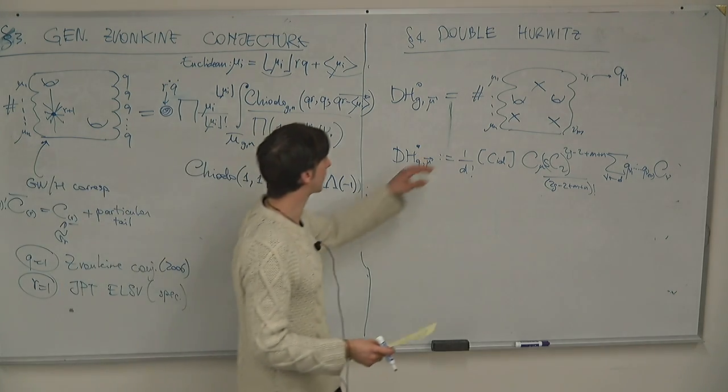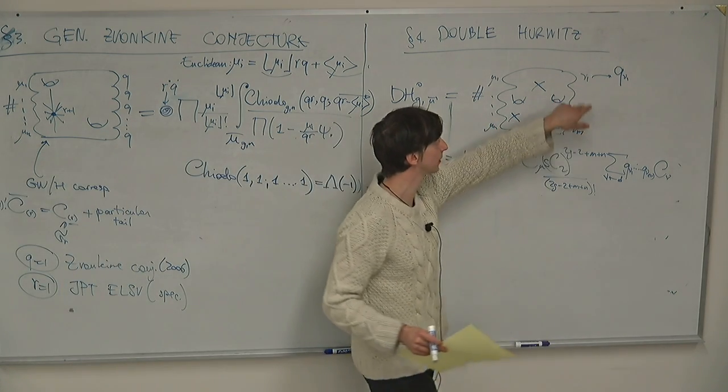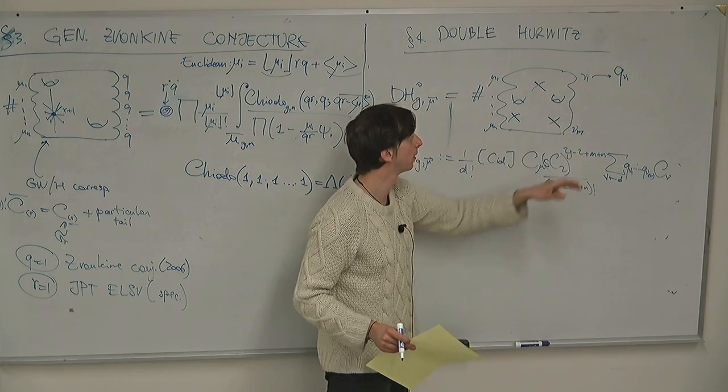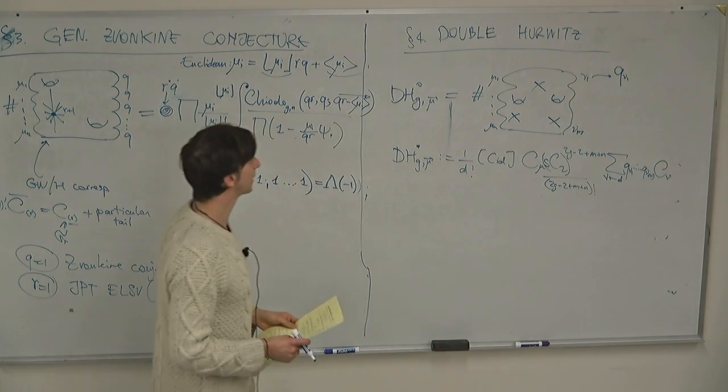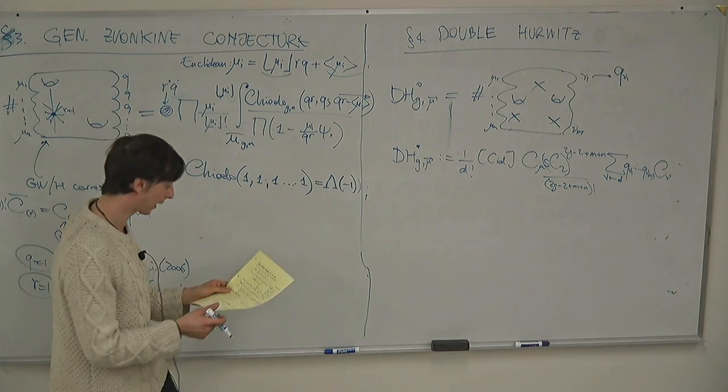And then, in fact, so far, the second ramification is kind of hard to deal with. You either consider it trivial or orbifold. But if you want to deal with double Hurwitz numbers, you have some technical problems.